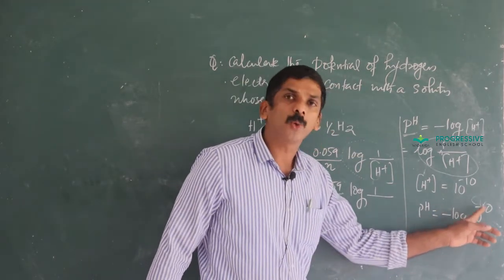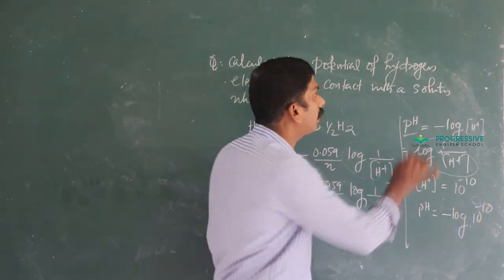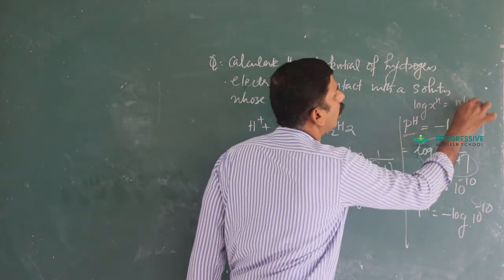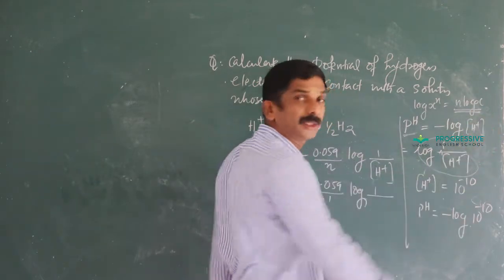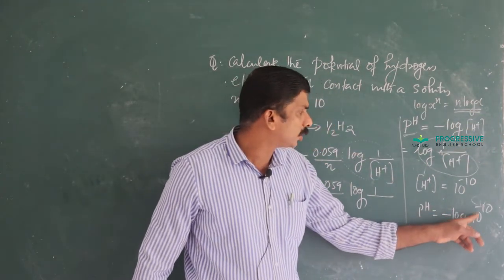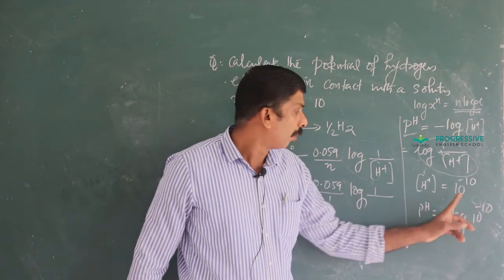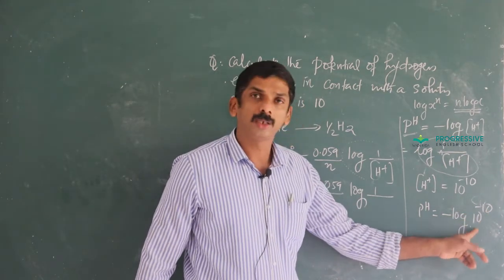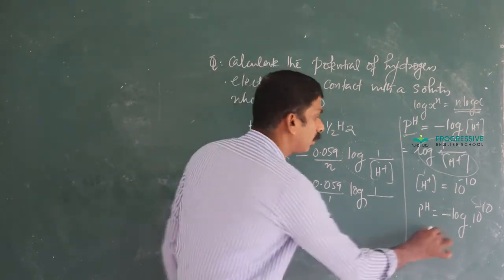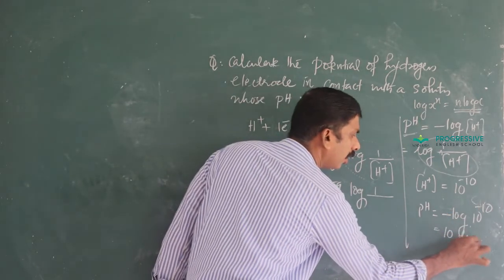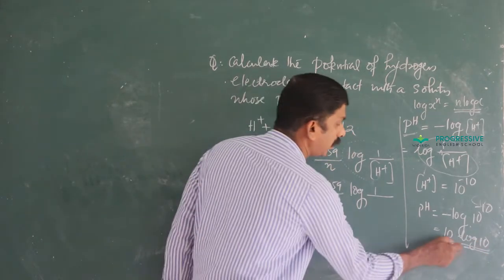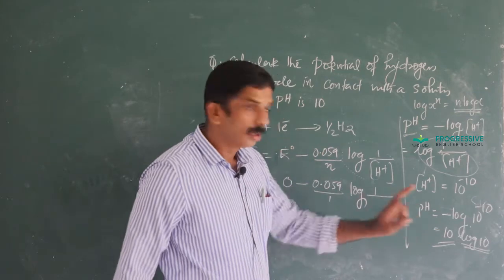Log x raised to n equals n log x. Similarly, log 10 raised to minus 10 is minus 10 log 10. Here minus of minus is plus. Therefore, it becomes 10 log 10. Log 10 value equals 1. Therefore, pH equals 10.